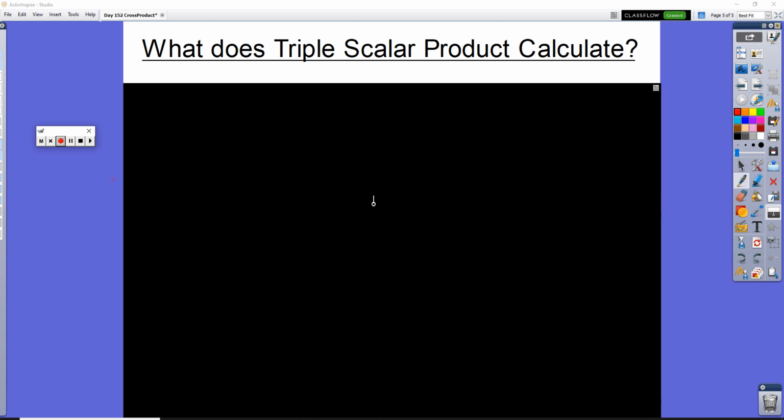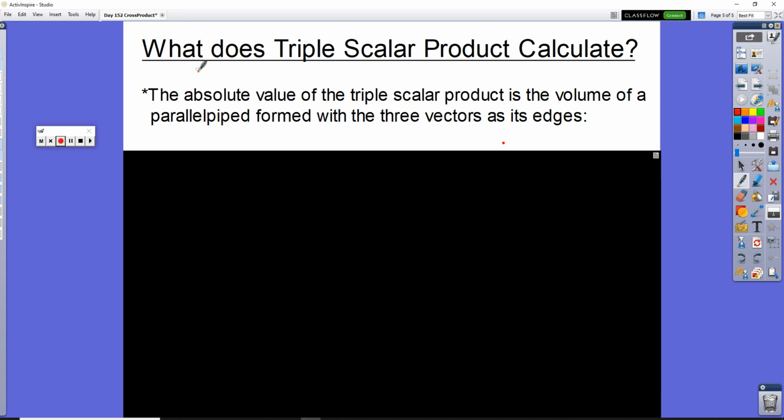So the last thing that I want to show you is what does triple scalar product actually calculate? You can go on the internet and find proofs of this, but I'm going to give you the short story here. The triple scalar product is actually calculating the volume of a parallelepiped formed with the 3 vectors as its edges.